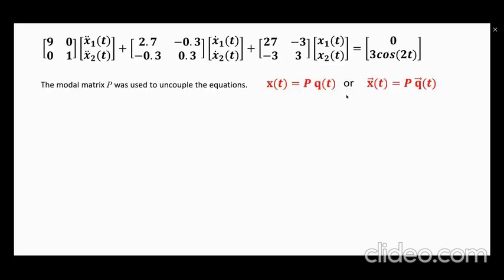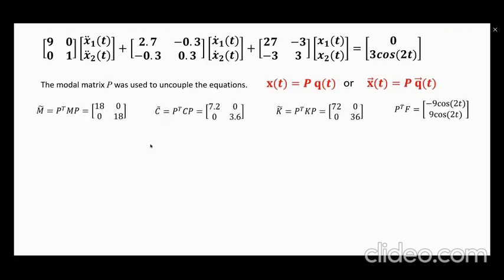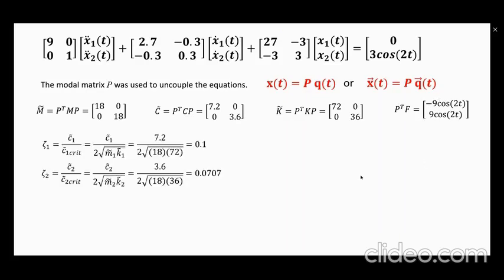Okay. So we make a change of variable. We get the modal mass matrix, modal stiffness matrix, modal damping, although we got it from Rayleigh damping. And P transpose F, you have to do that. You're going to get this. Because you're going to have to solve this, you're going to have to find the natural frequencies and damping ratios for each one of them.